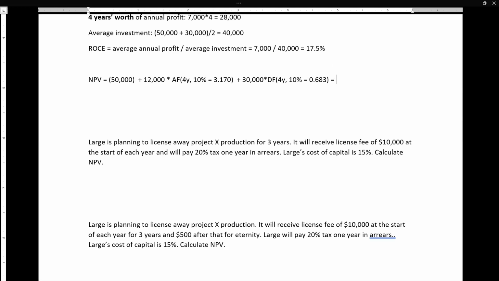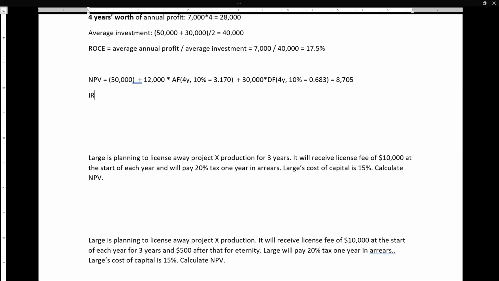Now I'm going to use the calculator to do that, and we will see that it is minus 50 plus 12 multiplied by 3.170 plus 30 multiplied by 0.683. So that would be 8,705.